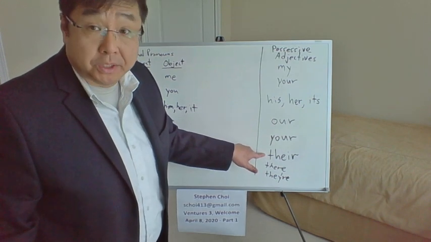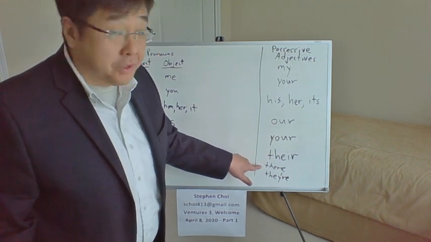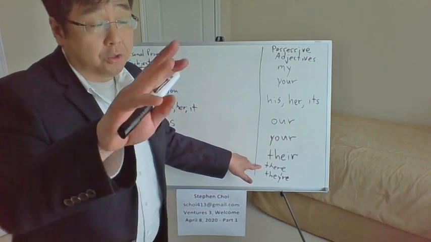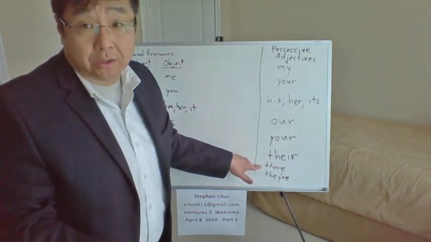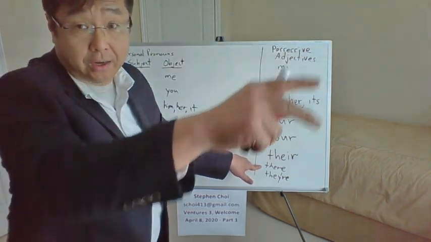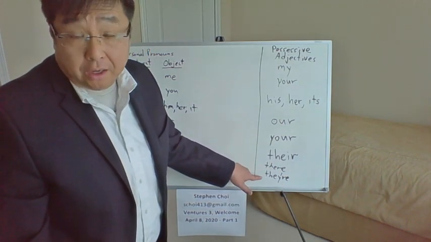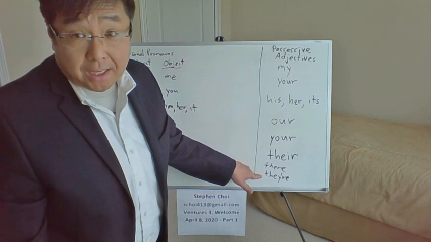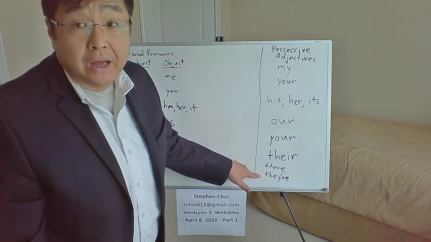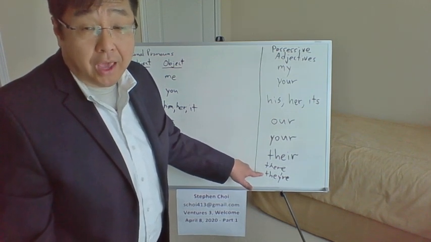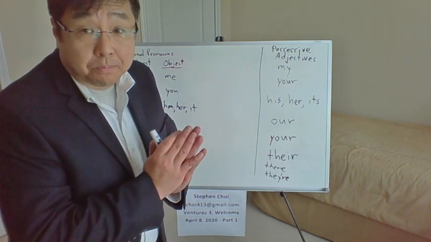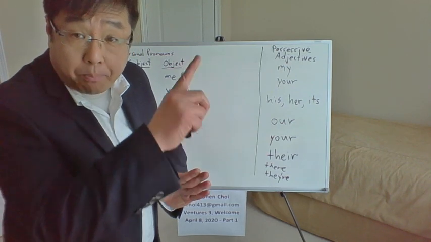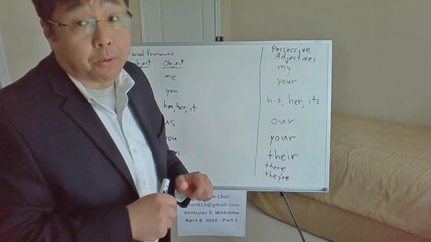Okay, it shows possession. This there, like I just said, is location. Over there, over here. The opposite of over here is over there, right? And then this is there, with the same pronunciation, but that one is what? Exactly. That's the contraction of they are. They are contracted is spelled they apostrophe re, and it's pronounced there.